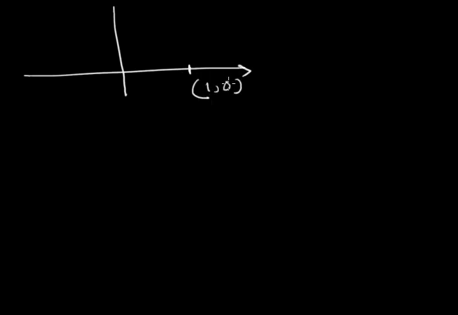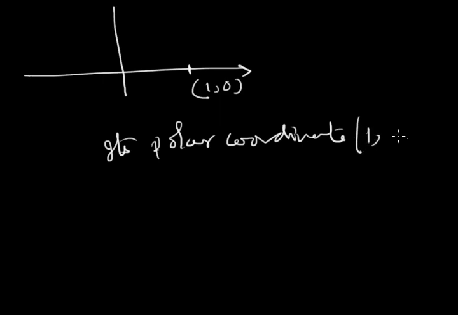We consider another example of Cartesian coordinate to change to its polar coordinate. Let us consider a point on the axis. Let its coordinate be (1, 0). Then its polar coordinate is (1, 0), as the distance from the origin is 1 and this line makes an angle 0 degree with its initial line OX.